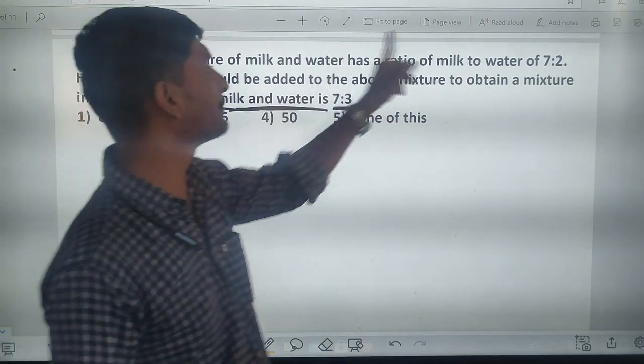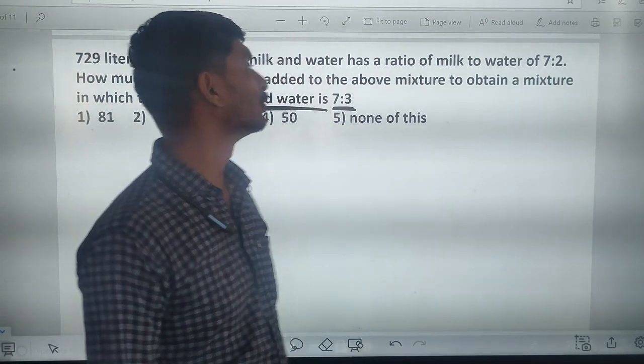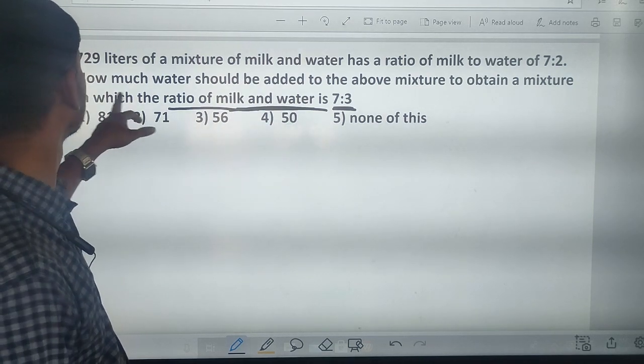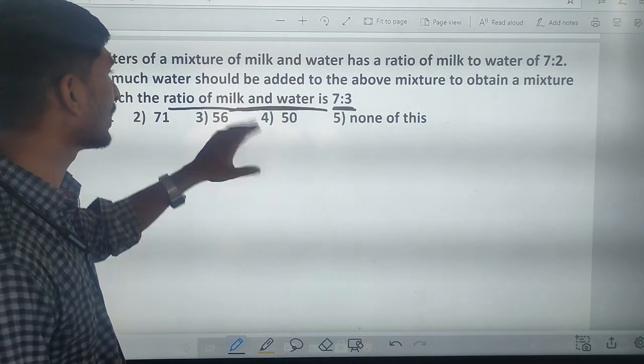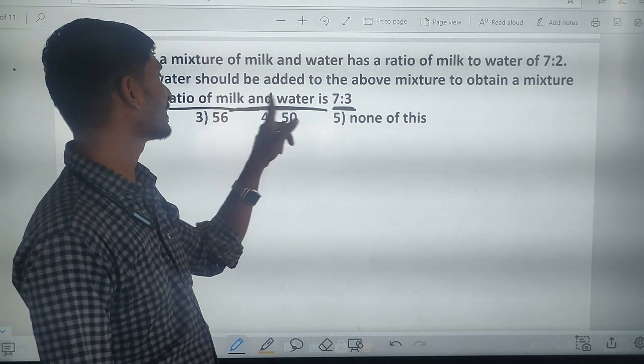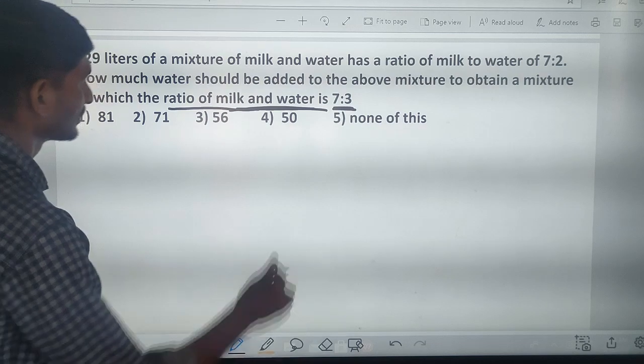Initially the ratio of milk and water is 7:2. Then how much water should be added? We added water. Then your ratio becomes milk to water 7:3.